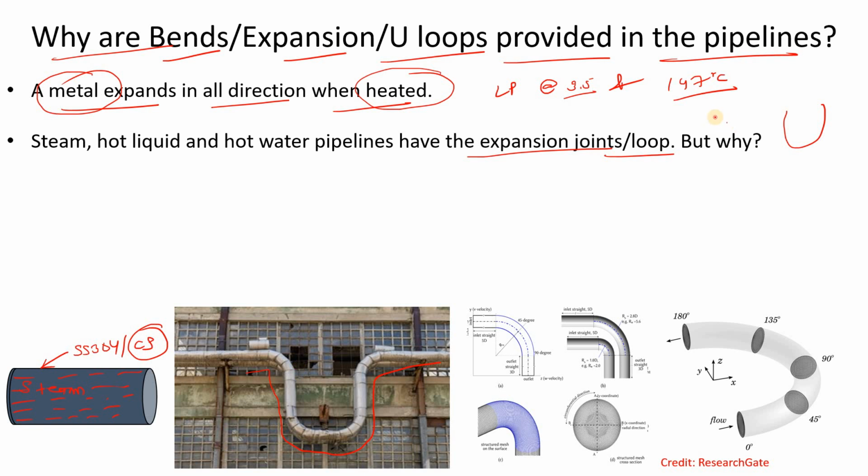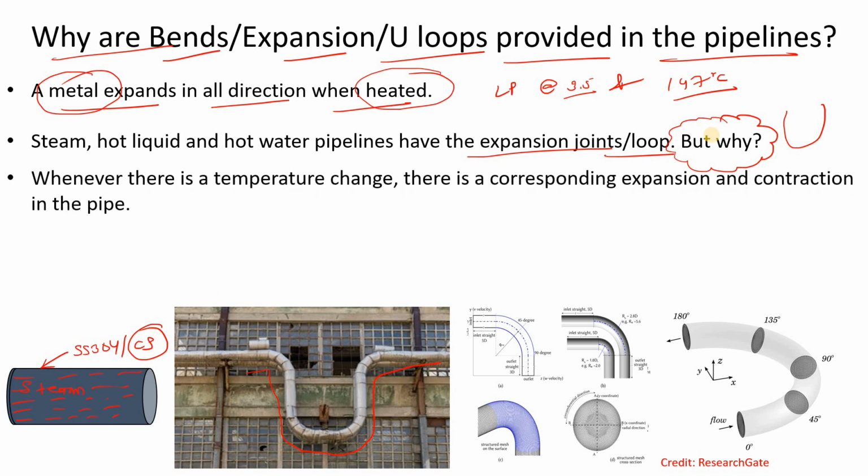Okay, now the question arises, why do we provide these expansion joints? Okay, what is the reason behind it? So before that, let's understand a little bit about the thermal expansion or contraction. Whenever there is a temperature change, okay, why the temperature change? Simply see, there is your fluid which has a temperature around 147 or something, right? But the surrounding temperature is around 35 to 40 degrees Celsius. So what will happen?